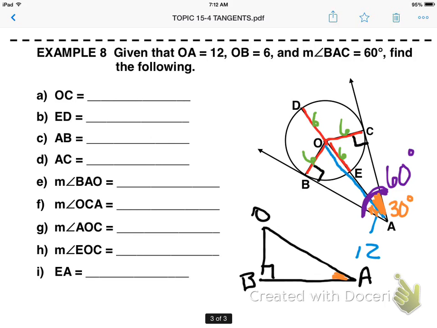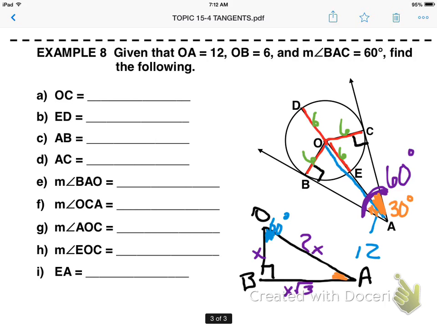We have a 90-degree angle, so that leaves us with 60 degrees right here. I'm sorry, my handwriting's not great. Okay, in a 30, 60, 90, and if I'm going too fast, you can pause this. This is going to be our x square roots of 3, this is going to be our x, and then that's going to be our 2x.